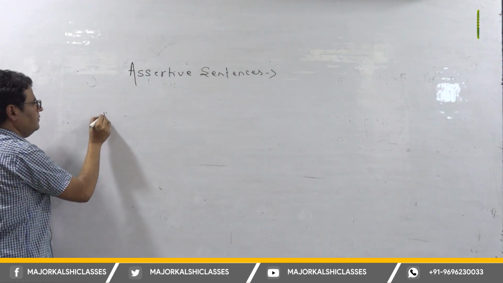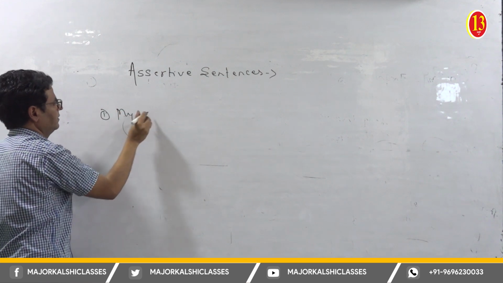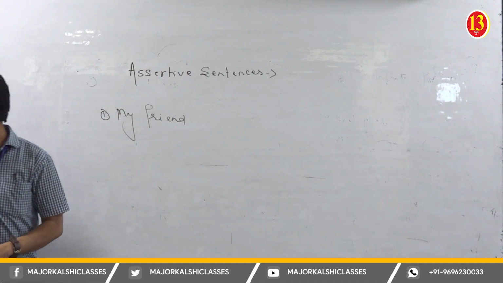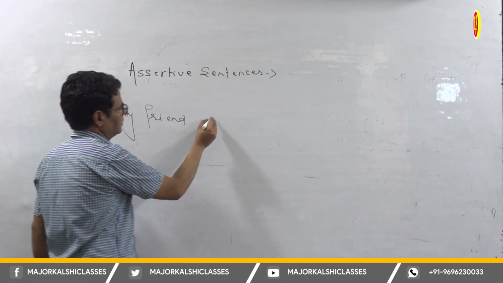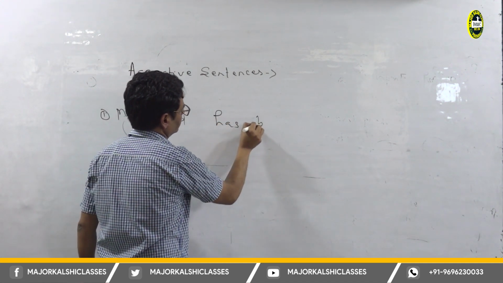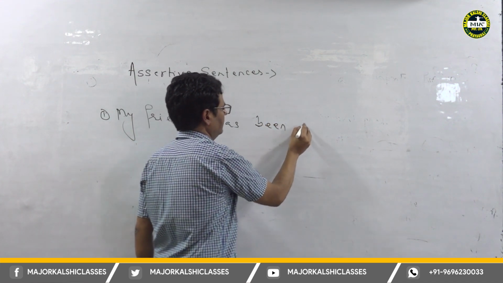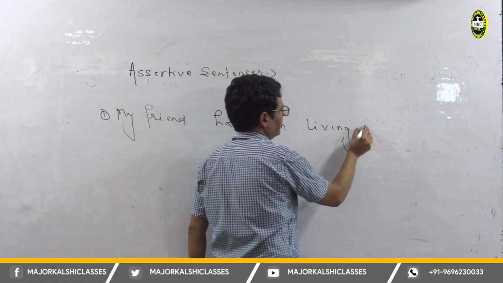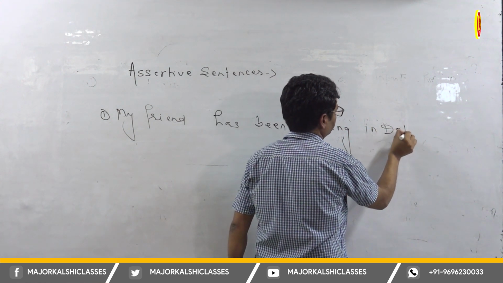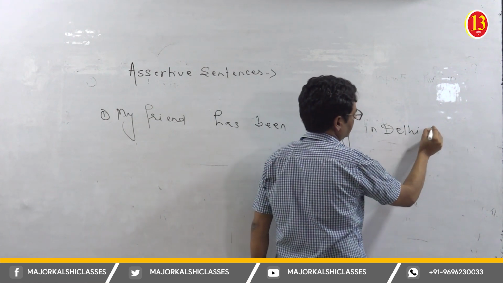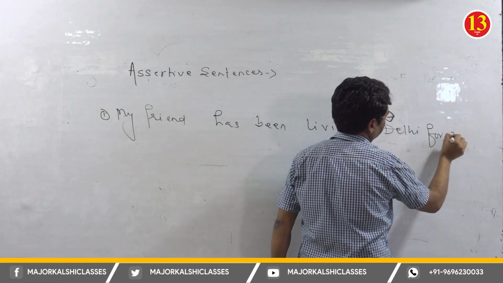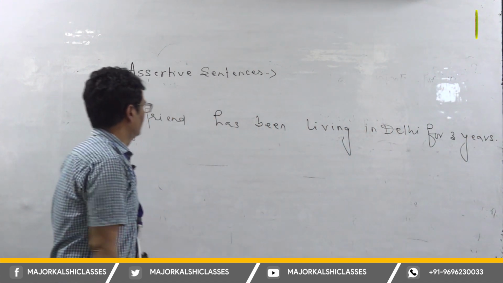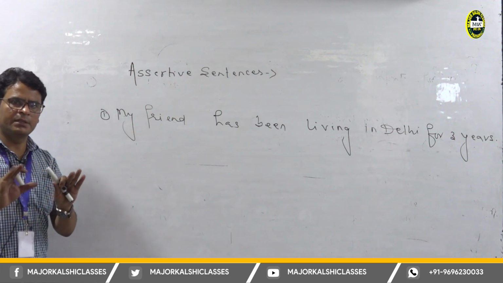Okay, my friend has been living in Delhi for 3 years. This is your example. What is written here? My friend has been living in Delhi for 3 years.